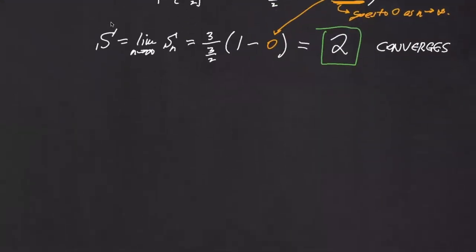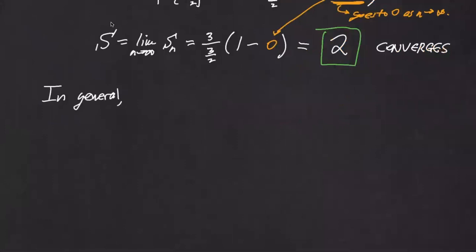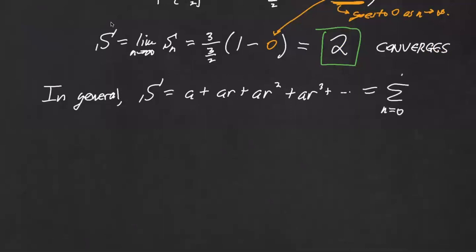Because in general, if we just write our generic infinite geometric series going on forever, we can think of it as a sum from 0 to infinity of a r to the n, or I guess I was using i, not to confuse with the nth partial sum, then S, if we just take the limit of the partial sums, we have this partial sum formula.